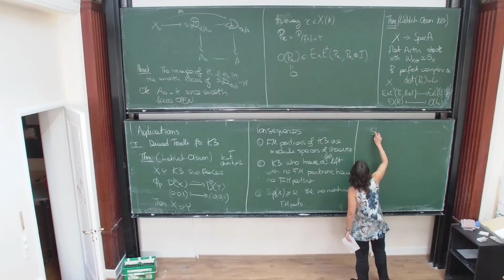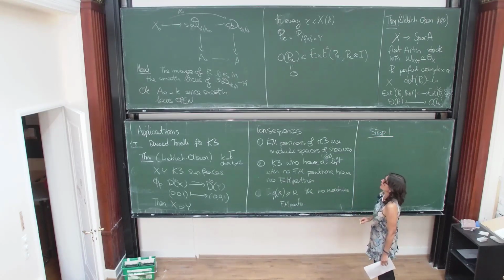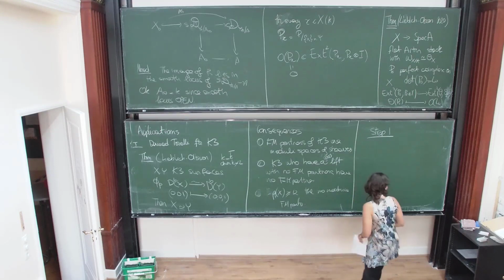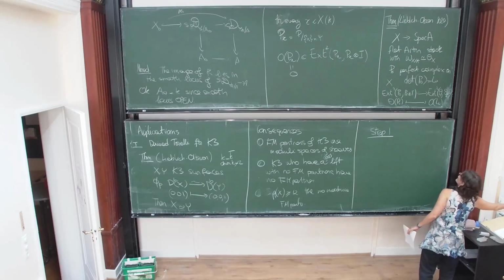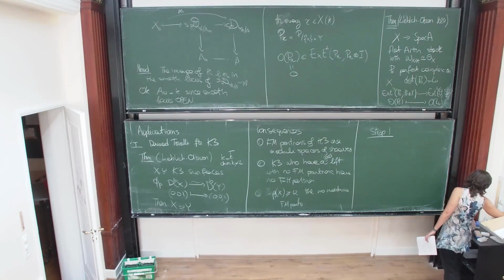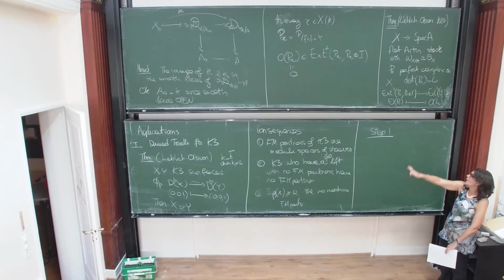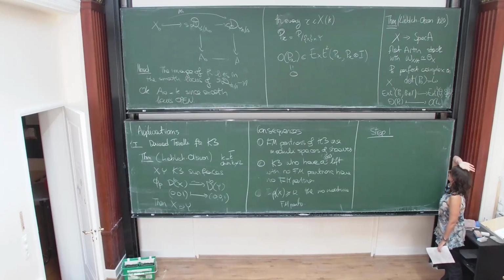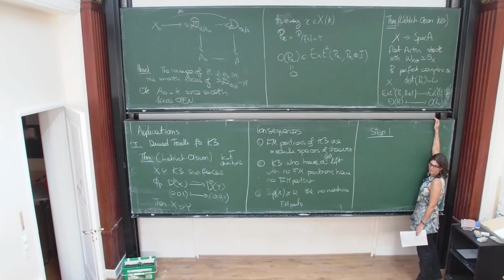So step one. Before going to step one, let me note that I want to use that theorem. For trivial canonical bundle, which K3 surfaces have, the obstruction to lift a perfect complex is the same as lifting the line bundle.